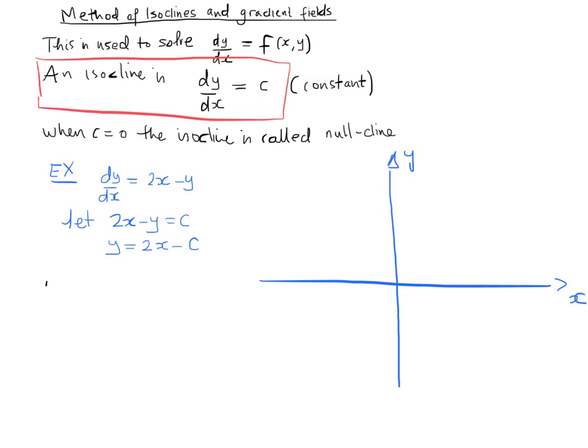So step 1, if you like, draw the nullcline. That says y equals 2x. So it's going to go through the origin, agreed? And it's going to have a gradient of 2. So we're just going to sort of approximate that. That looks like that. So this is c equals naught.